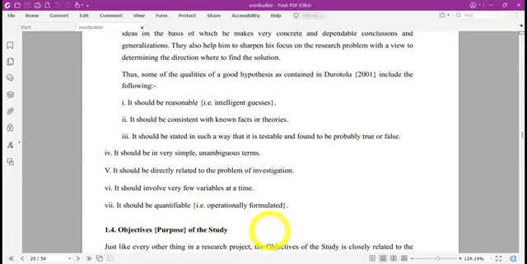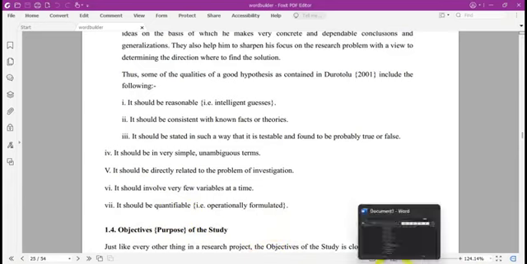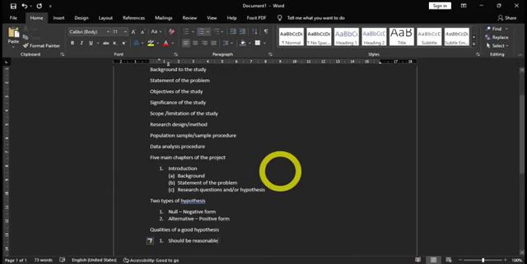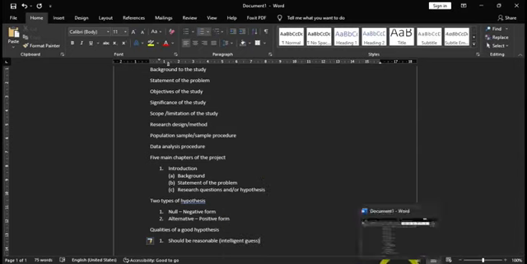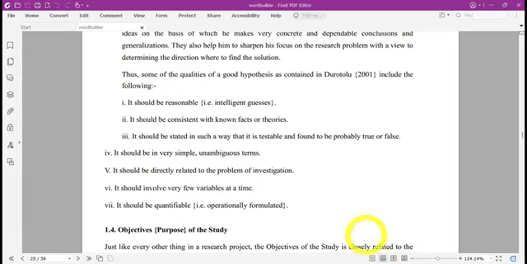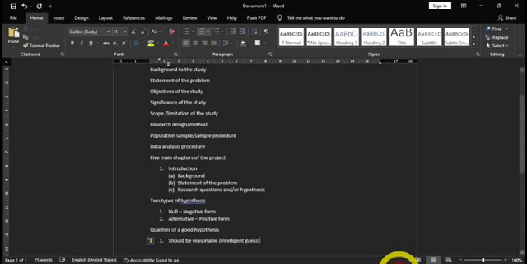Let me put in brackets, intelligent guess. That adjective is very important. 2. It should be consistent with known facts or theories.